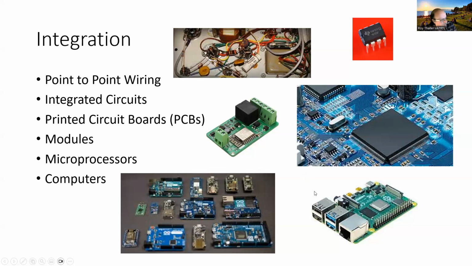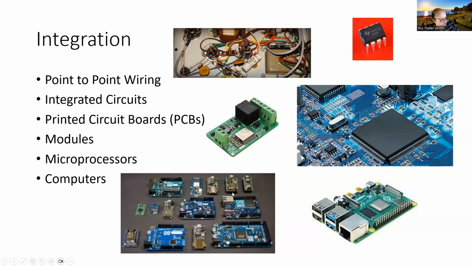And now they are coming out with microprocessor boards. Here's, for example, a Raspberry Pi. You have your input and output pins here, your Ethernet connection here, and your USB and USB-C connections here. The other thing is the Arduino board.